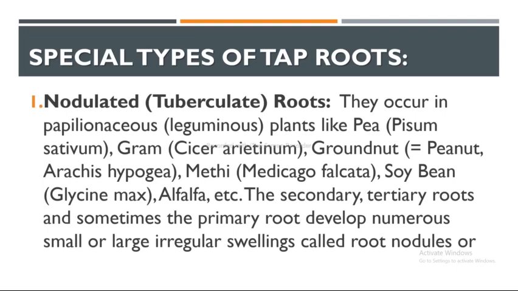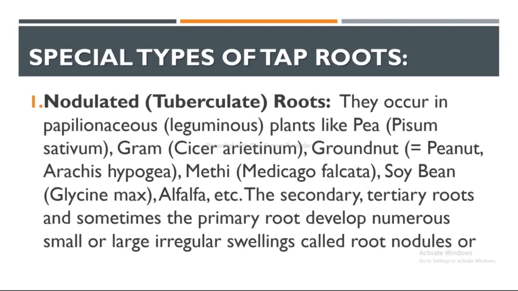Gram, for example, Cicer arietinum. Groundnut, peanut, which is also known as Arachis hypogaea, and methi, also known as Medicago falcata. Soybean, which is also known as Glycine max, and alfalfa, etc.